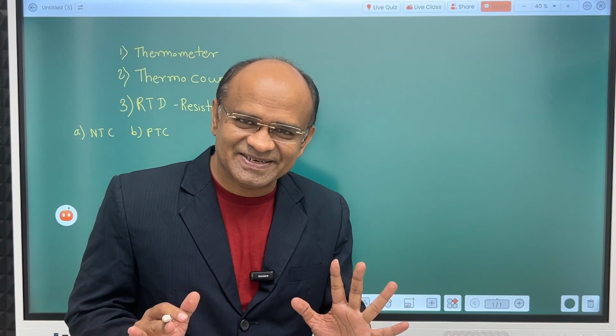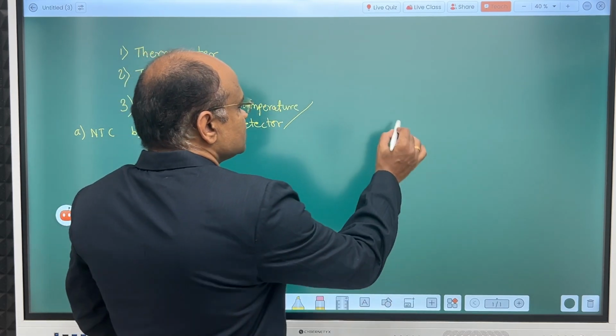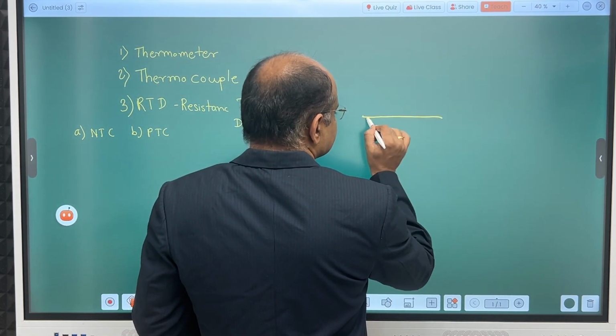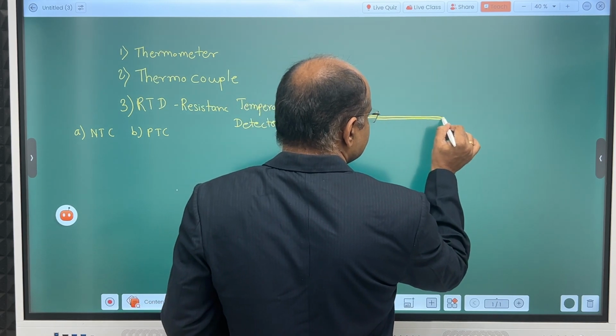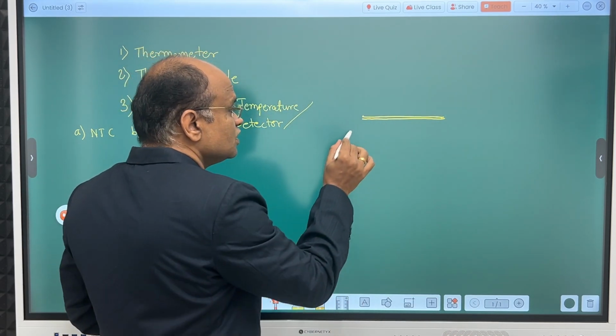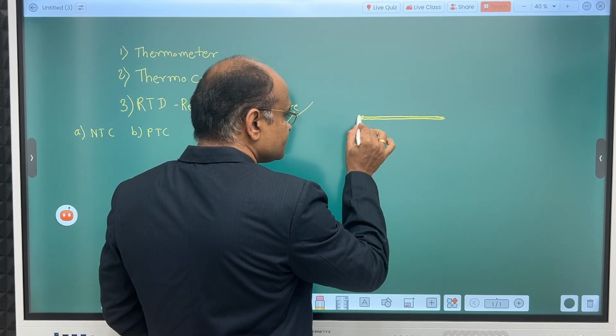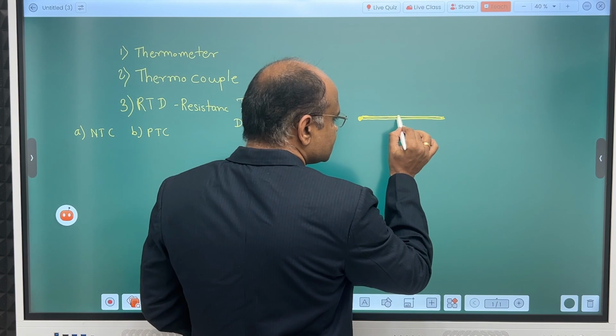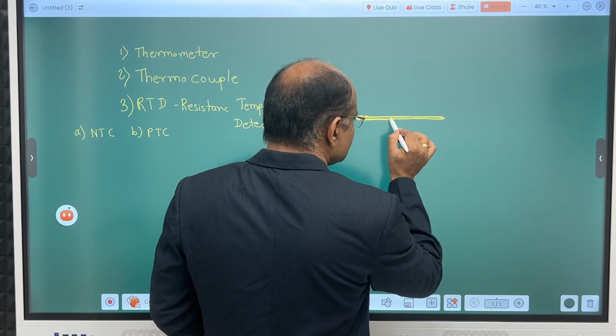Thermo means heat, thermal energy. So this energy is given to a junction. There are two metals, 1 and 2.